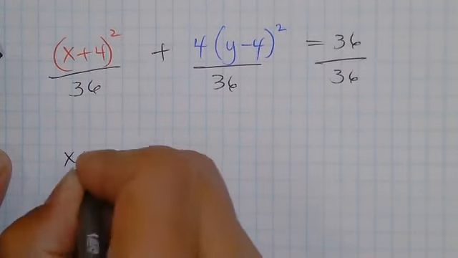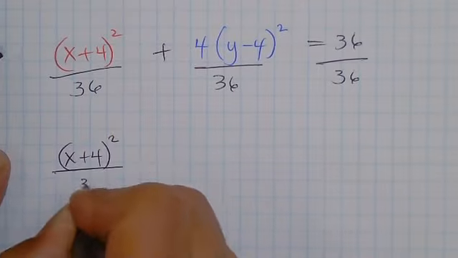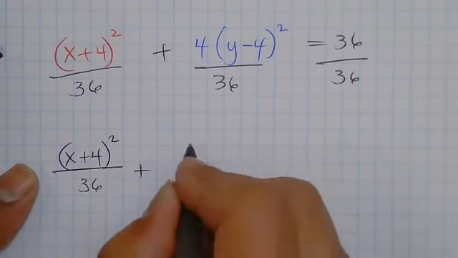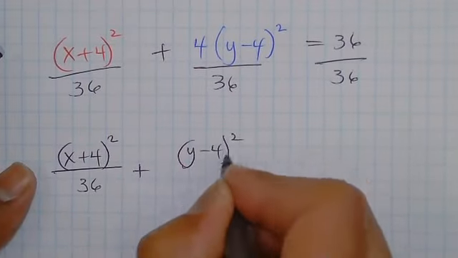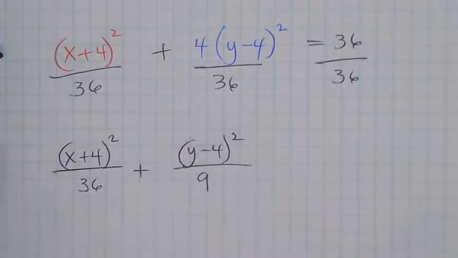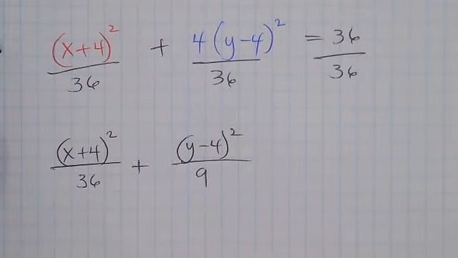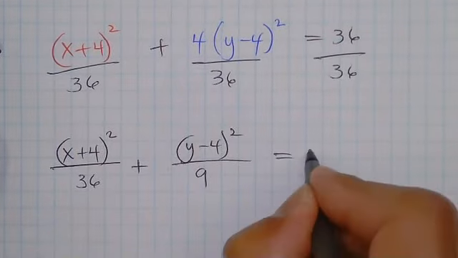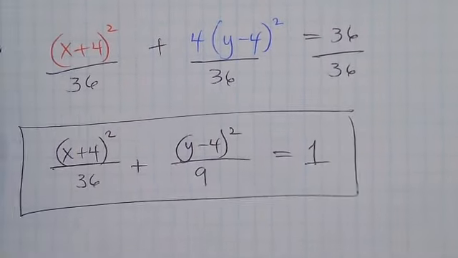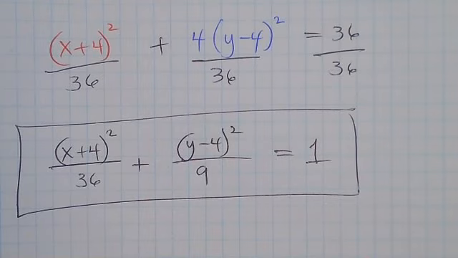Is that right? Okay, final equation: x plus 4 squared over 36 plus y minus 4 squared over 9. Yeah, that's it, because that reduces, equals 1.